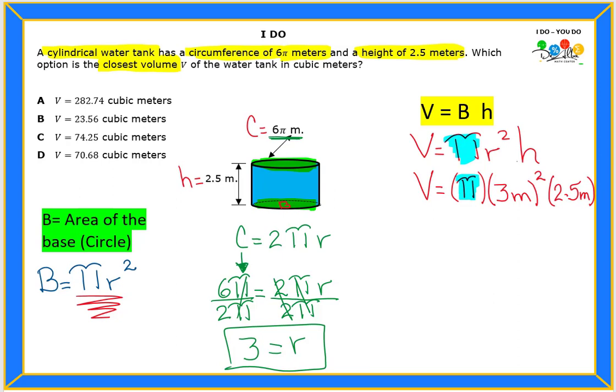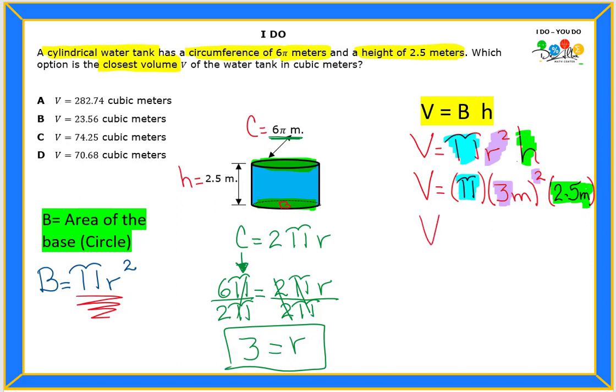I didn't do anything with that. Then my radius squared is right here, and it's been raised to the second power, same thing. My height, notice how my height is substituted with 2.5 meters. Okay, so everything is accounted for, right?